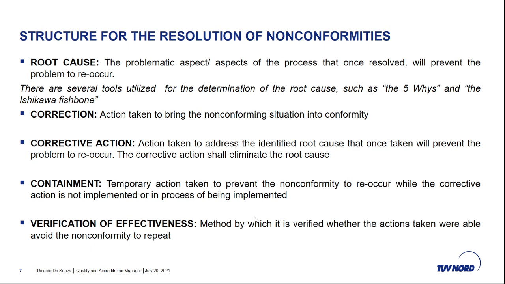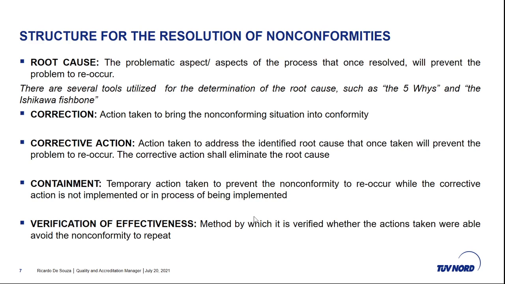If that problematic aspect is addressed, we will not see that problem happening again. There are several tools that we use for the determination of the root cause, such as the five whys and the Ishikawa fishbone. These are tools that help with the investigation.